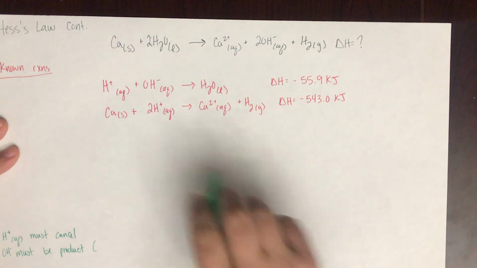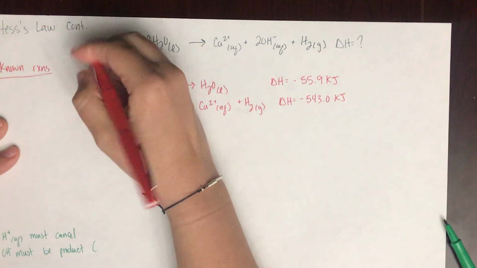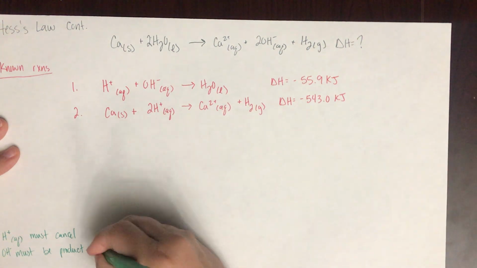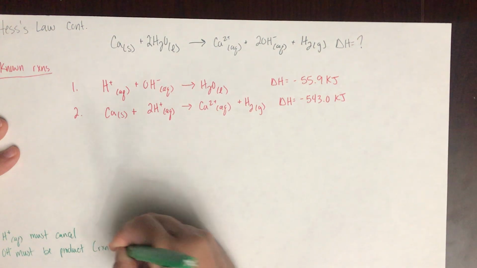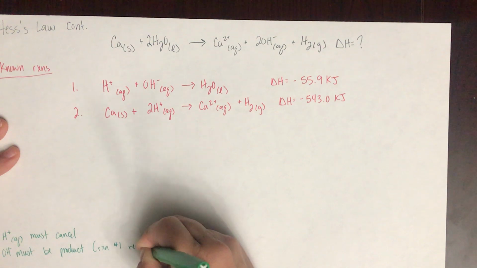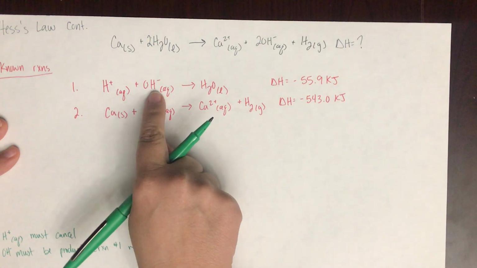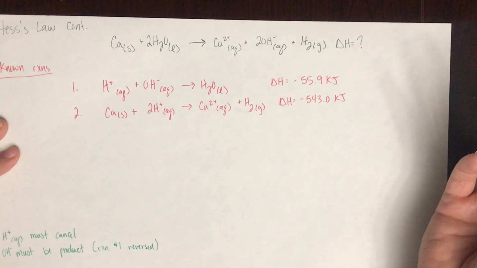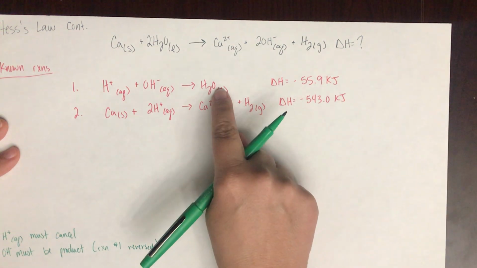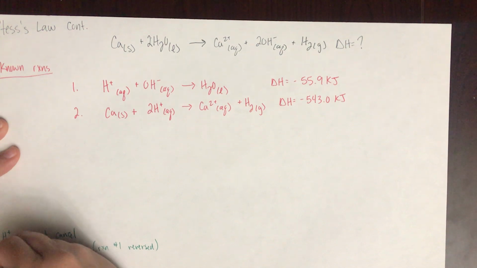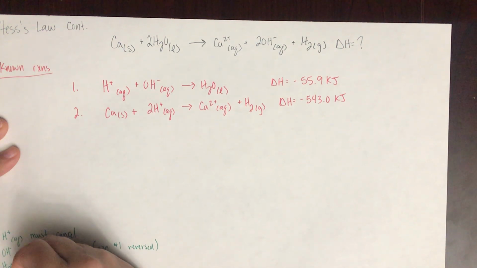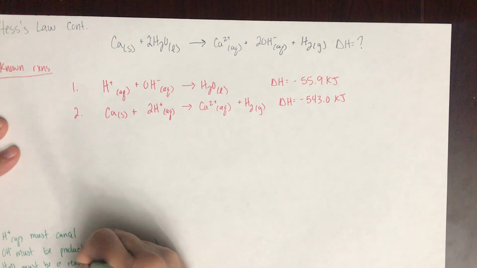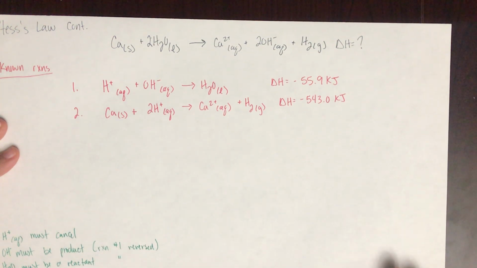So I'm just going to number these reactions just so we can refer to them as reaction 1 and reaction 2. So that means reaction number 1 must be reversed, because these hydroxides are on the incorrect side. Also, water needs to be a reactant. Which is the same. Reaction 1 must be reversed.